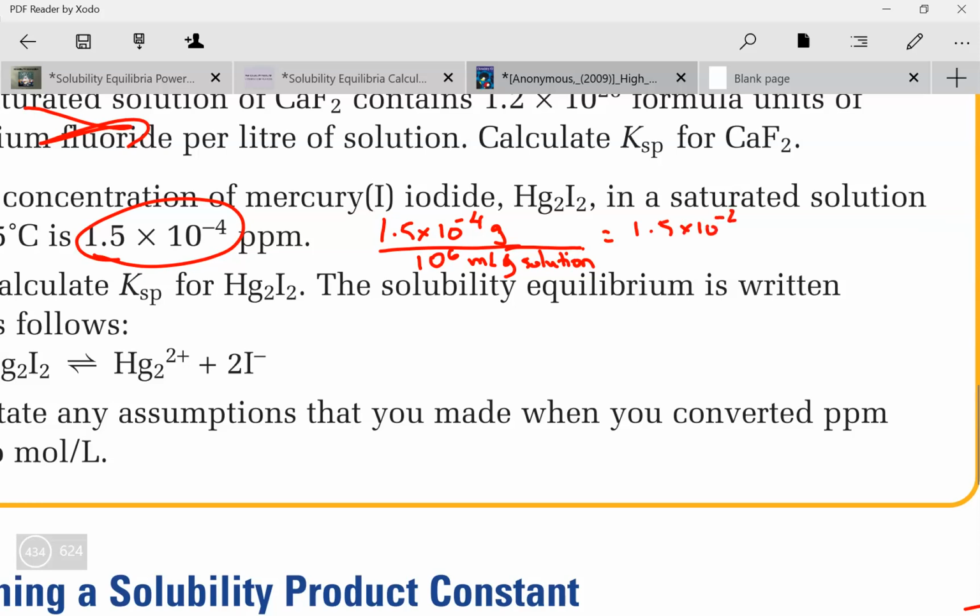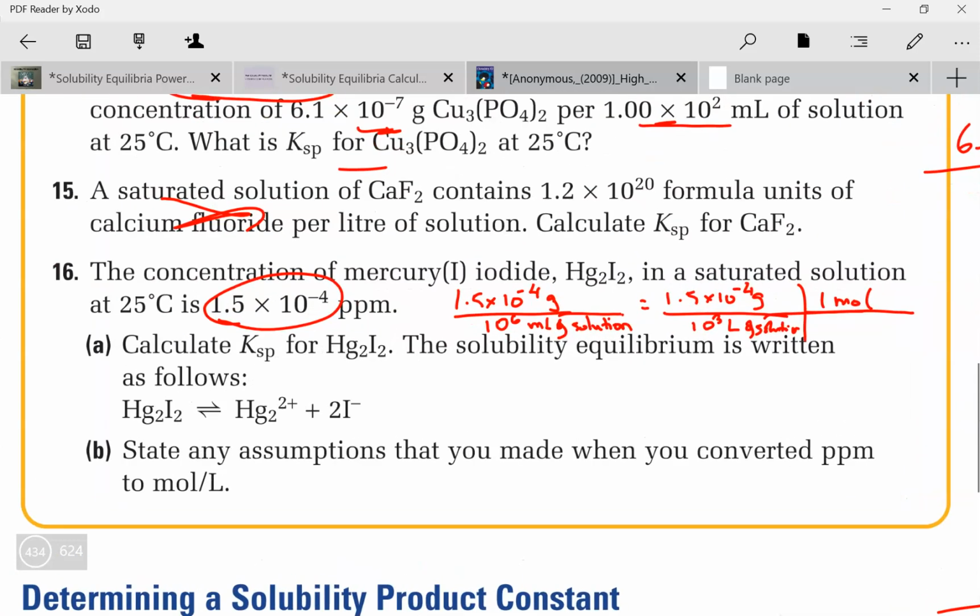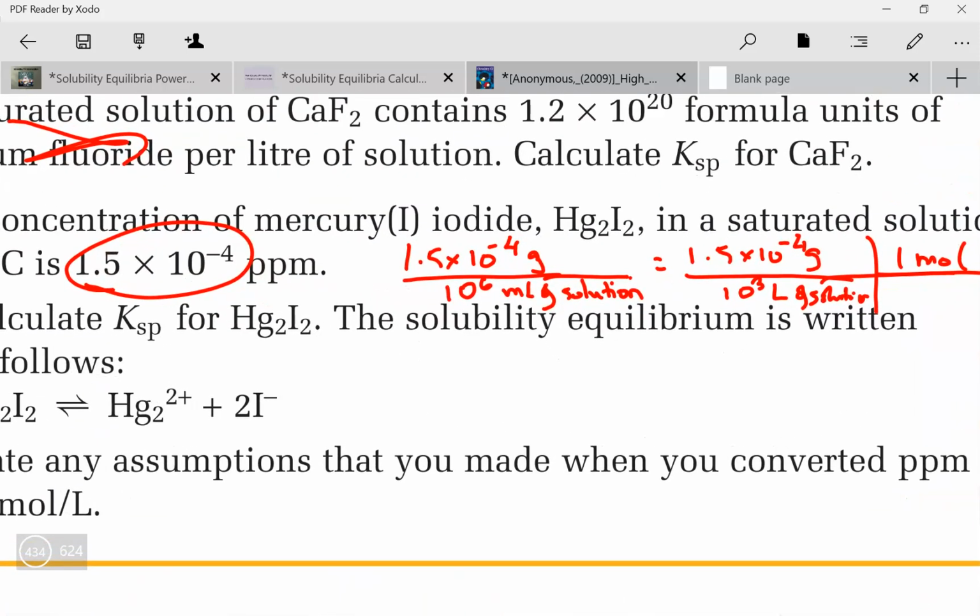10 to the power negative 4 grams in 10 to the power 3 liters of solution. And I'm going to convert that into moles by doing 1 mole over the molar mass of mercury(I) iodide. I don't know why it's Hg2I2. It's weird. And why not just HgI?